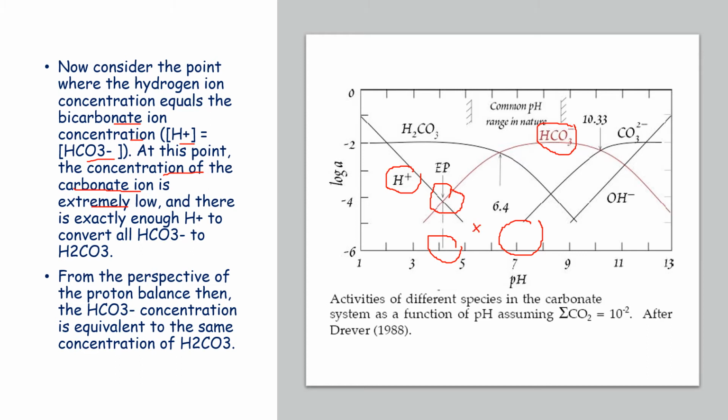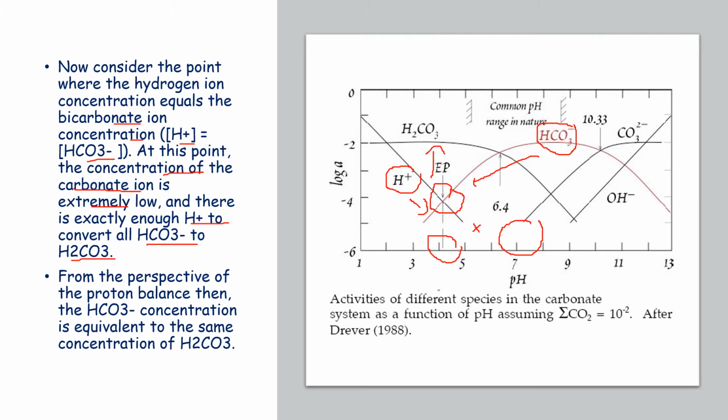And there's exactly enough hydrogen ion to convert all bicarbonate to carbonic acid. It means that at this point, if I were to take the hydrogen and stick it in with the bicarbonate, I'm going to end up getting carbonic acid.